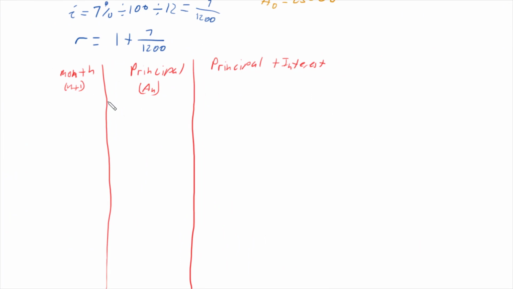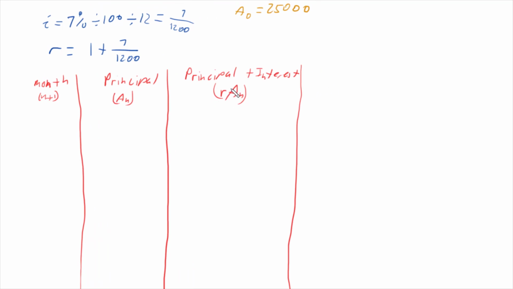So that's just going to be r a n goes in there. And by doing this calculation separately, we can actually also then work out what the interest for that period is going to be. So that way we can have that piece of information if it's useful to us. And that's the calculation of our principal plus the interest, which is r a n, minus our principal, a n.